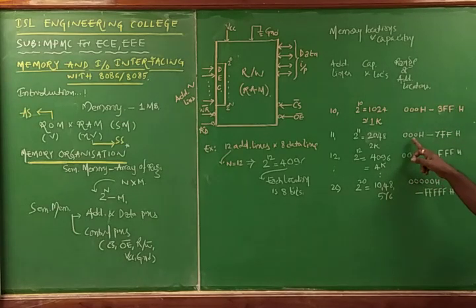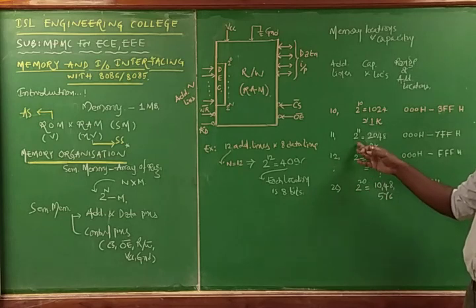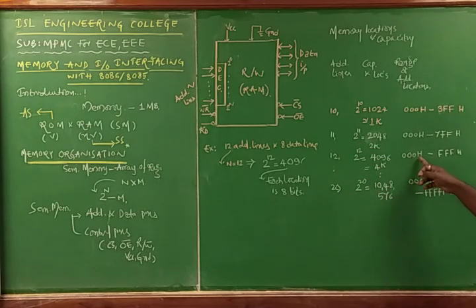If it starts from 000, the 2048th memory location will be assigned the address 7FFH. Likewise, if you go with 12, 2 power of 12, that is 4k, and if its starting address is 000H, the ending address will be FFFH.